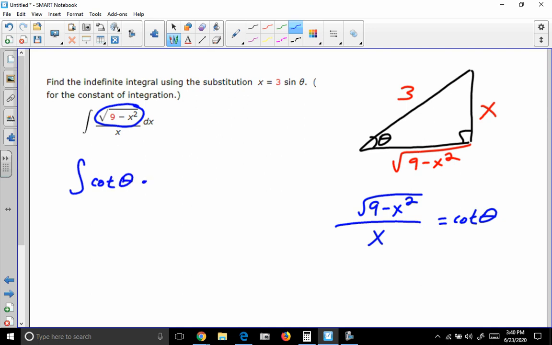And then we would need to replace dx. Well, if x is 3 sine theta, the derivative of x is 1 dx. The derivative of the right side is 3 cosine theta d theta. So we would replace dx with 3 cosine theta d theta.